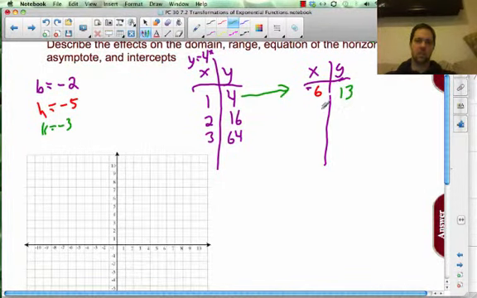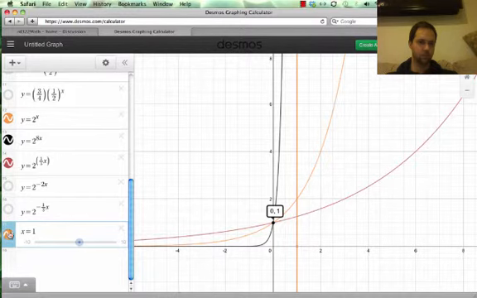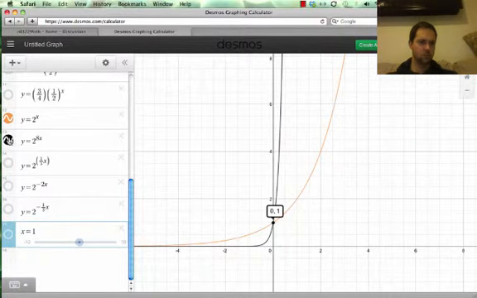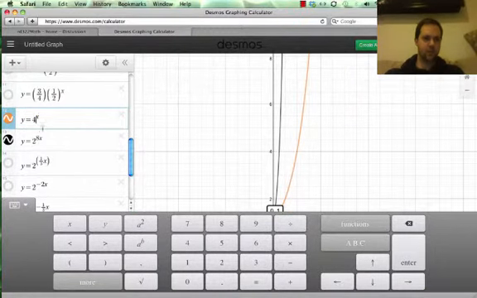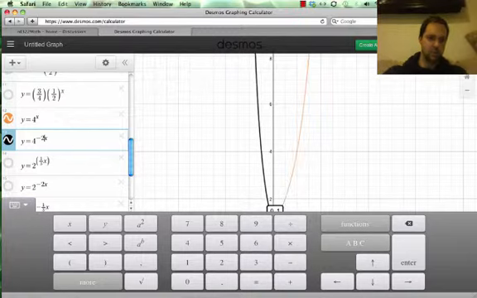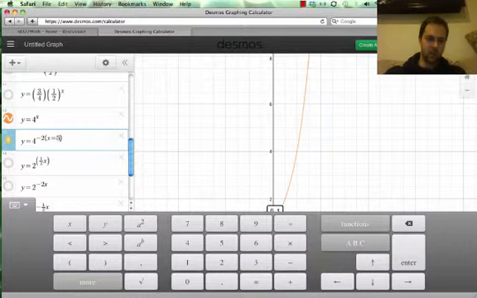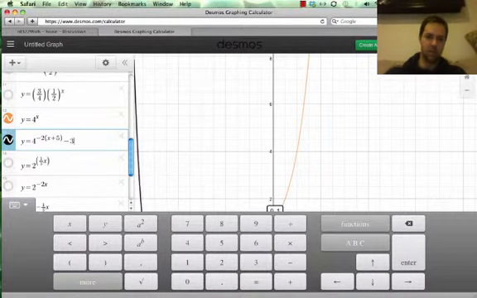So let's go take a look and see if we are right. Y equals 4 to the x. Let's just modify ones that we already have. Y equals 4 to the x, and then y equals 4 to the minus 2 times x plus 5, let's try plus 5, and then minus 3.